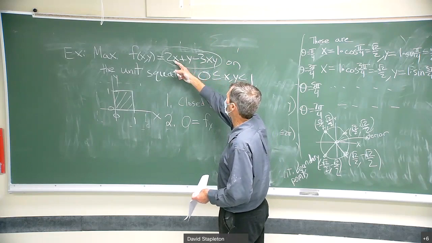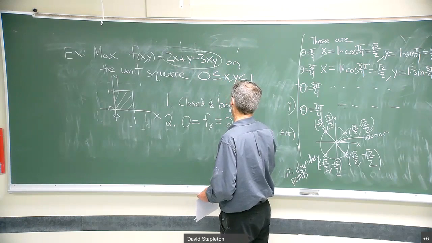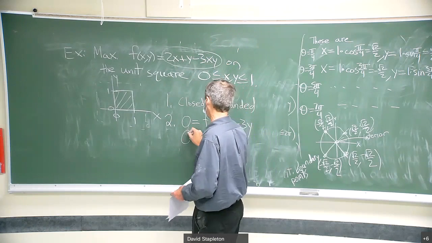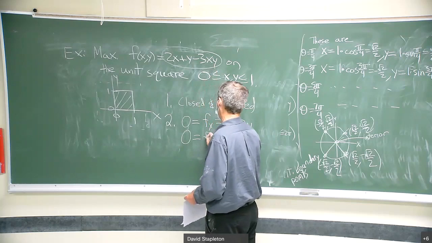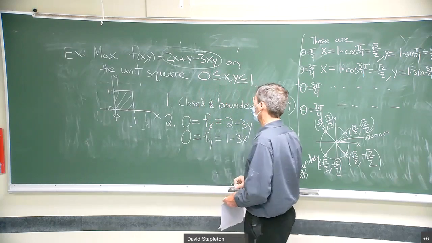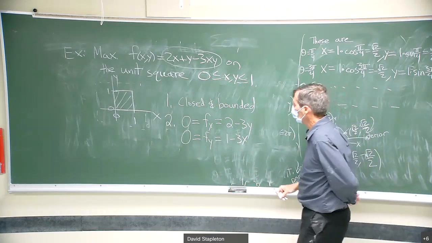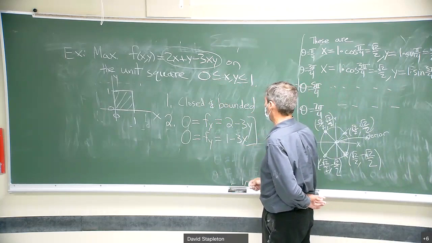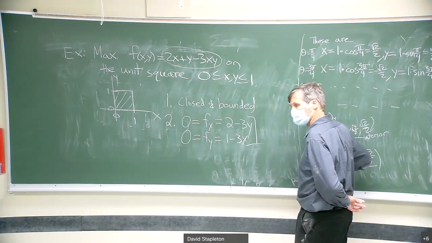Partial with respect to x is 2 minus 3y. Partial with respect to y is, let's see, 1 minus 3x. All right, so what are the interior critical points for this one? Both of these things are equal to 0. Well, you're lucky on this problem. Some of these are much harder.